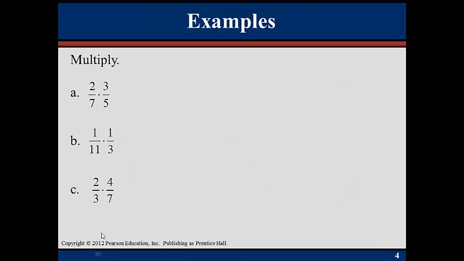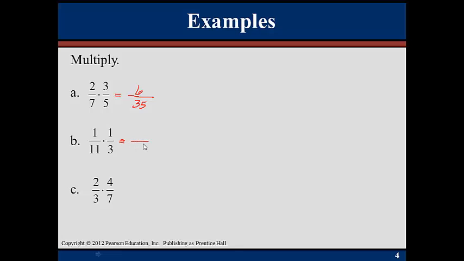Now we can work some more examples. In part A, it says 2 over 7 times 3 over 5. Multiply your numerators together and then multiply your denominators together. So 2 times 3 is 6, and then 7 times 5 is 35. Part B, we have 1 over 11 times 1 over 3.